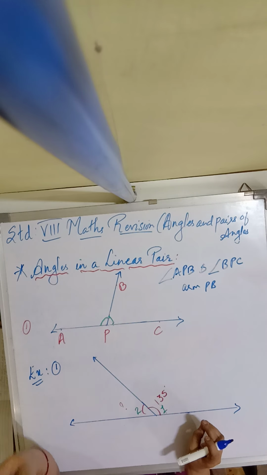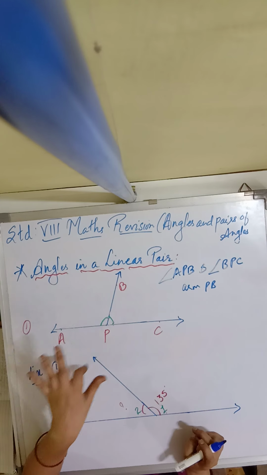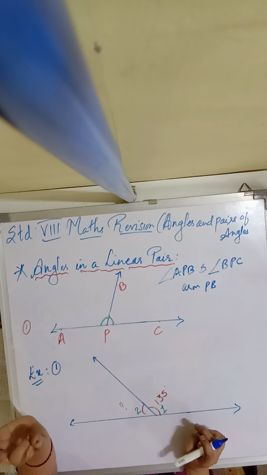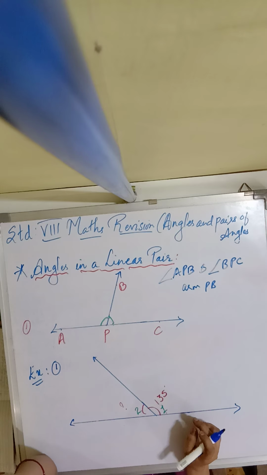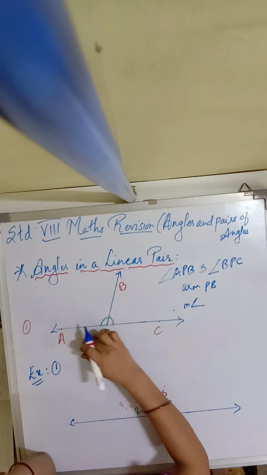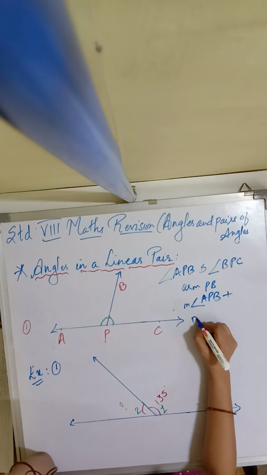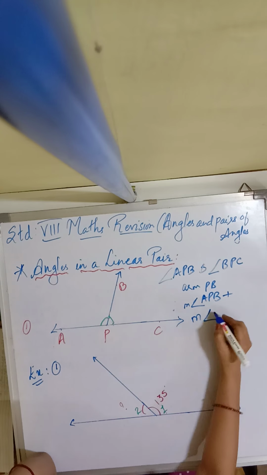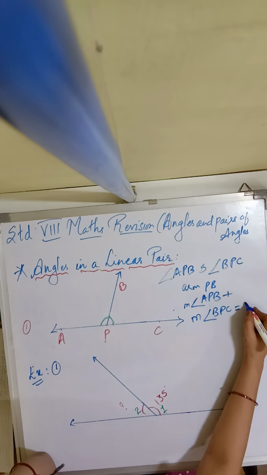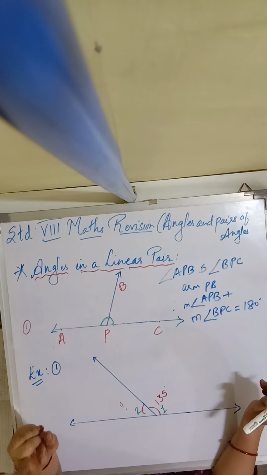Okay children. One more thing I had told in that video is that the sum of the measures of angles in a linear pair is 180. Always remember that they are supplementary, or you can say 180. So therefore measure of angle APB plus measure of angle BPC is equal to 180 degrees. So, children, there are things you have to remember for angles in a linear pair.